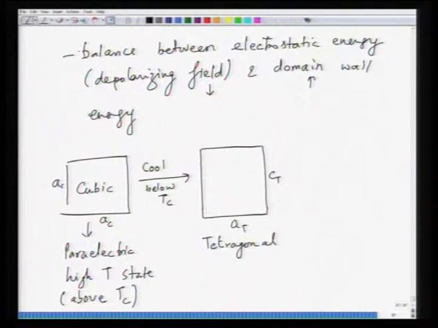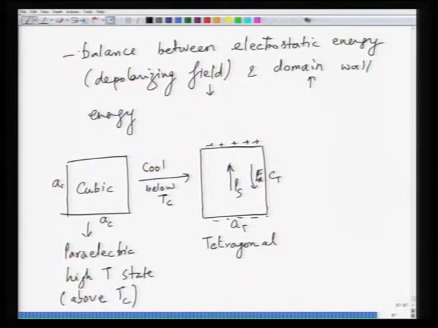Now, in a tetragonal crystal, this would appear as if you have formation of polarization along this direction, which means build-up of charges on the faces. This is PS. Corresponding to this you will have a depolarizing field, ED.